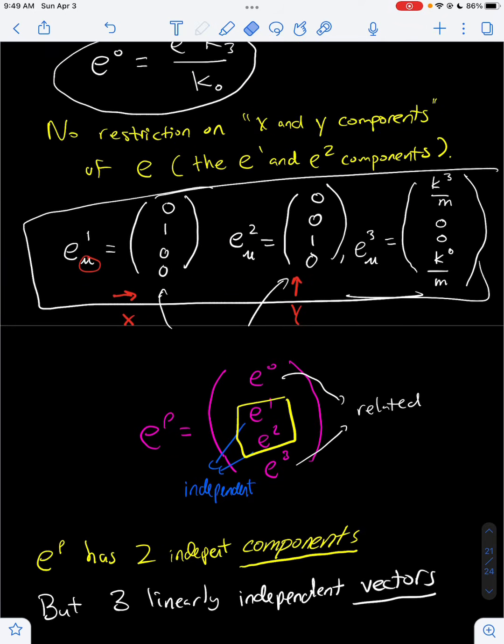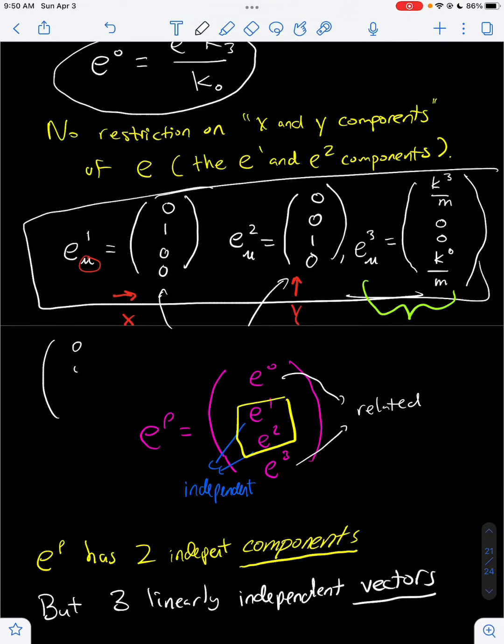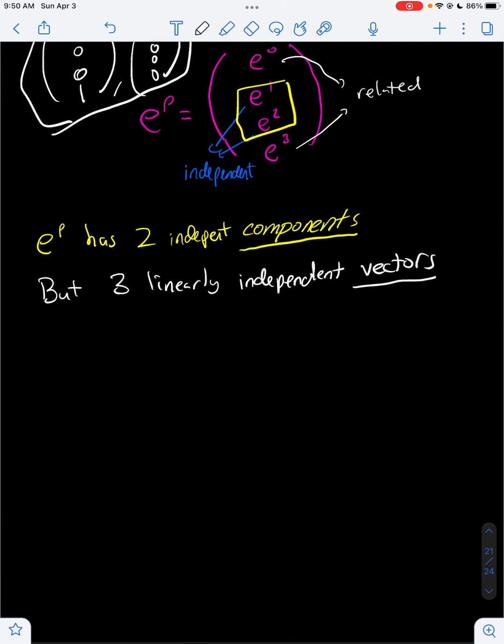Now, what about this one over here? This one is a bit more strange. You might ask, why can't we just use 0, 0, 0, 1 as a third basis vector? Or why can't we use, say, 1, 0, 0, 0? The reason is that these don't satisfy our polarization condition. So let's check that right now.